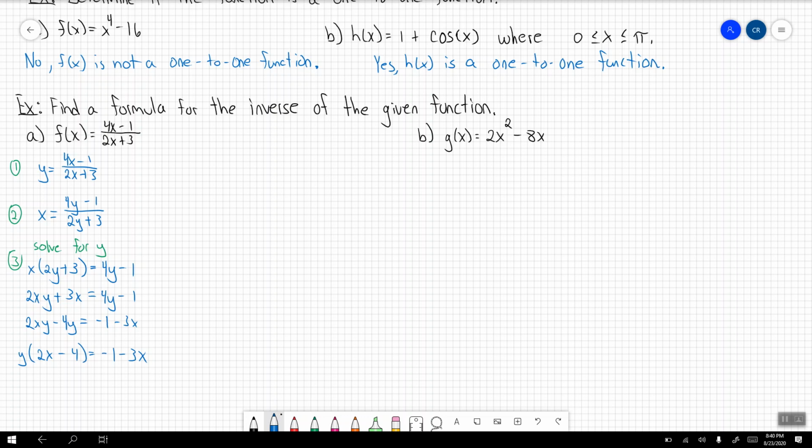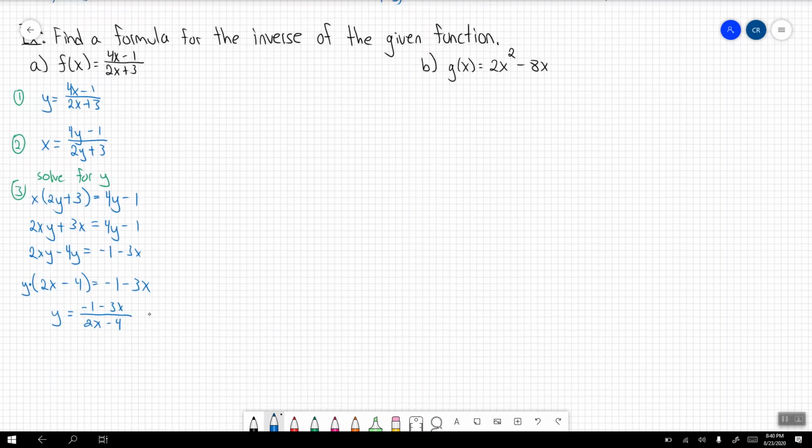And the whole process to solve for y is so that we can get y by itself. Well, if y is being multiplied by these terms in the parenthesis, then I can divide by whatever's in the parenthesis onto both sides. In that sense, y is now equal to negative 1 minus 3x divided by 2x minus 4.